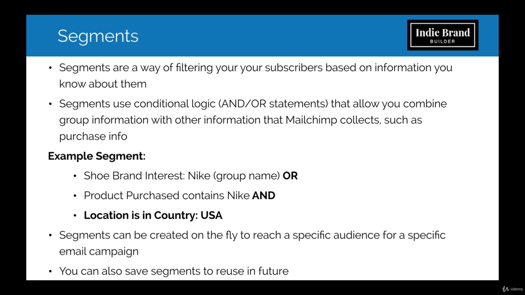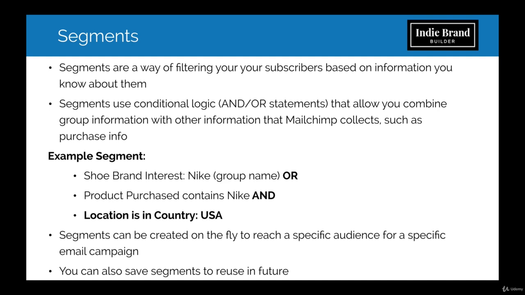We might also include anyone who has purchased Nike in the past, whether or not they've actually been added to the group of Nike interest. We would presume that they would have an interest because they purchased the product in the past. And let's say you wanted to only target people who lived in the USA, then you would choose the location USA, which is the kind of information that MailChimp tracks for you.